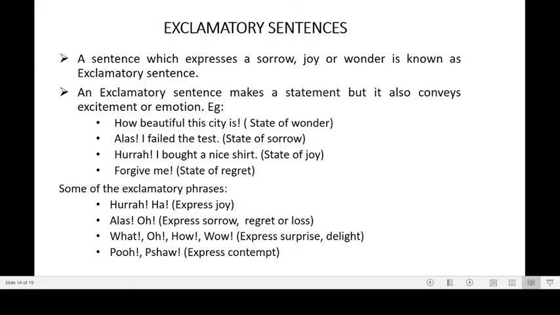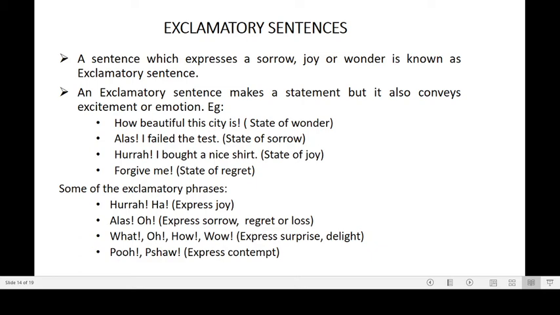Now, after discussing the first three types of sentences, such as assertive sentence, interrogative sentence, and imperative sentence, we will look at the last type of sentence, that is the exclamatory sentence. First, we will understand the definition of an exclamatory sentence. A sentence which expresses sorrow, joy, wonder or surprise is known as an exclamatory sentence.